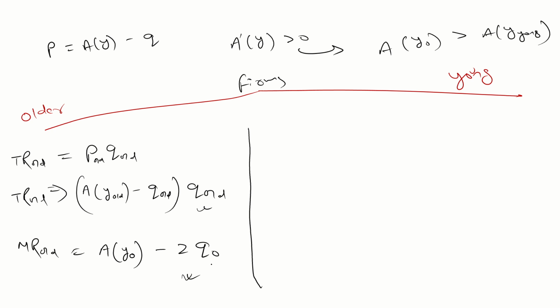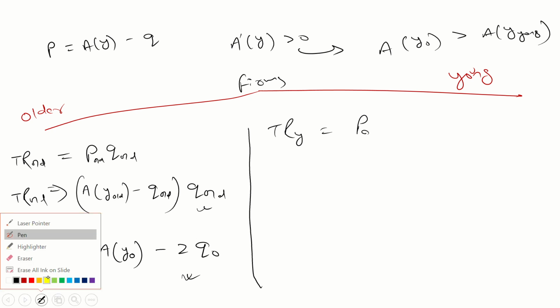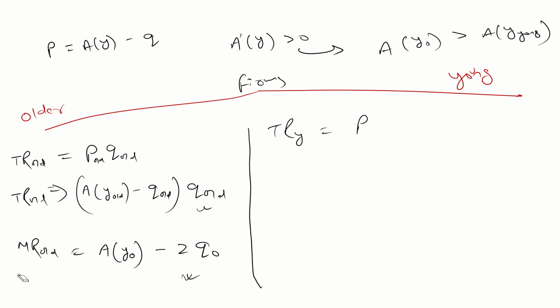But suppose the firm is operating in the young age period, then what will the firm's total revenue be? TR young, TRY. TRY is PY into QY. So just put it in, guys. What is the value of PY? That is A of Y of young minus Q young, into Q young.